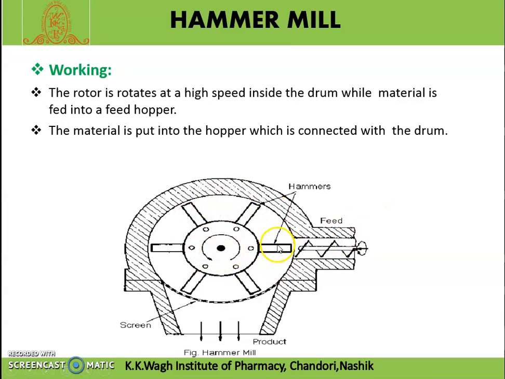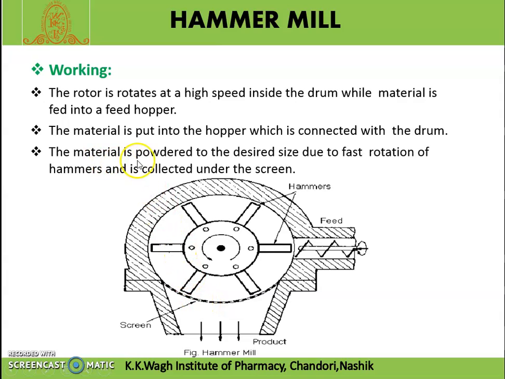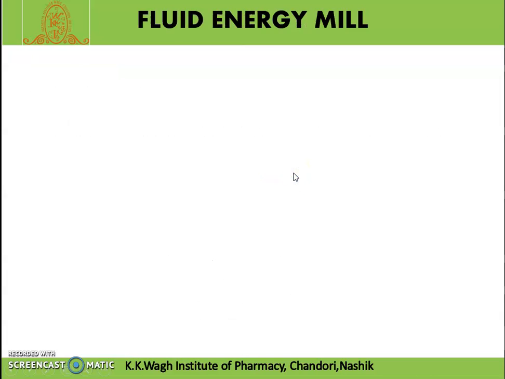From this we can put the feed, and these are the hammers, the number of hammers in the mill, and these hammers hit the particles, and that's why size reduction occurs. The material is powdered to the desired size due to the fast rotation of the hammers and is collected under the screen.